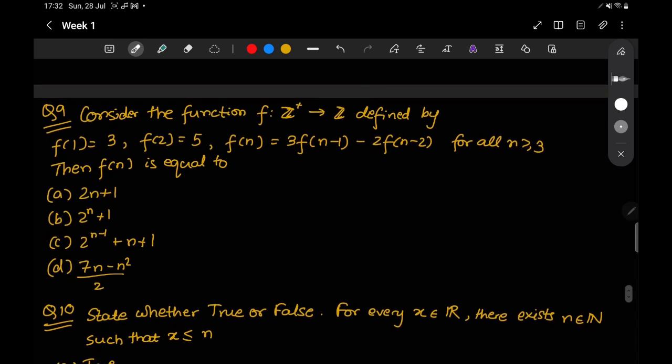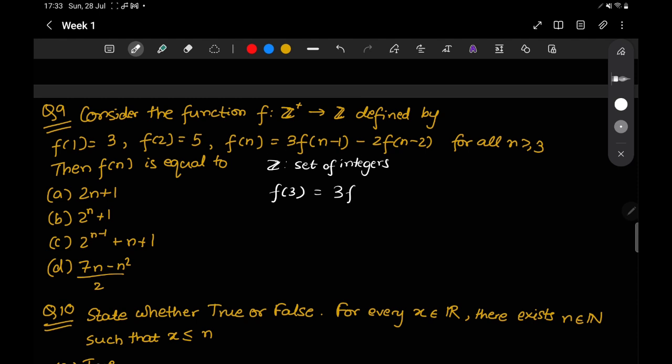First of all, this Z means the set of integers. So Z is the set of integers, and so let's find f(3) by this expression over here.